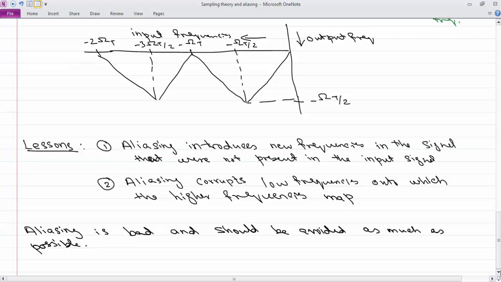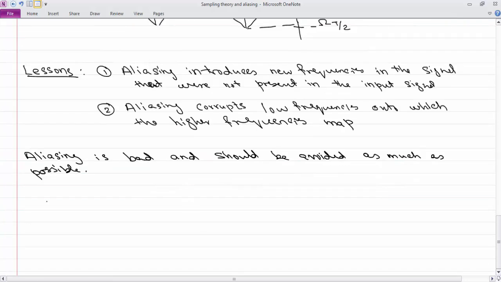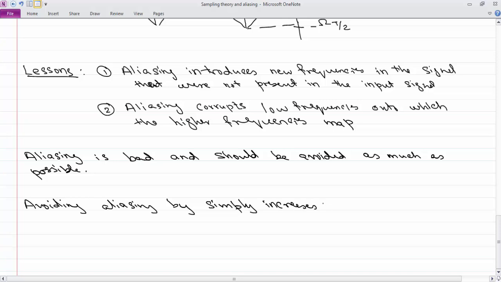So avoiding aliasing by simply increasing the sampling rate is not always desirable.